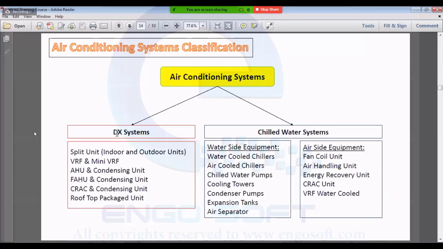So we provide 100 liters per second: 30 liters per second fresh air and 70 liters per second return air. Okay, so we have a space that needs 30 liters per second fresh air.